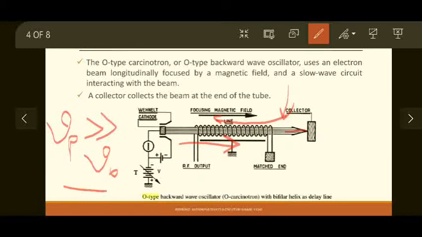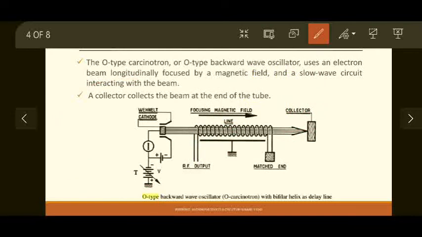This will happen frequently now because waves are traveling in the opposite direction. The beam is traveling from left to right and the wave is traveling from right to left. So this condition will be almost always satisfied, and that will generate the oscillations. So that is the basis of creating this particular structure.